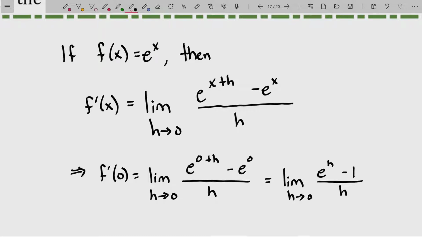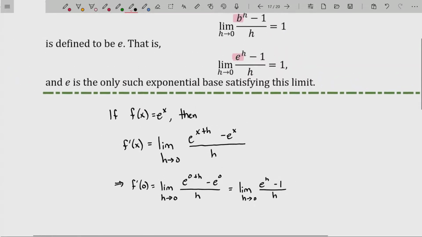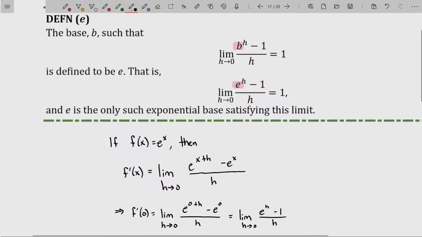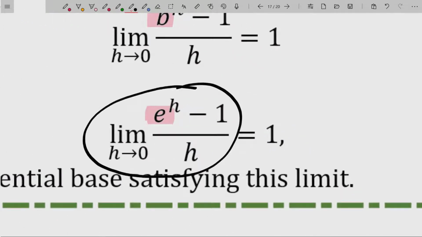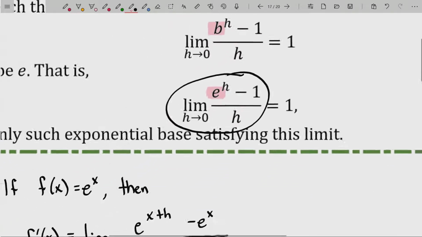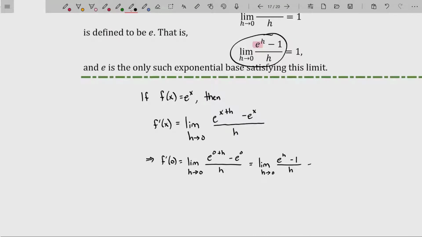And it turns out that e is the only base whose limit as h goes to 0 for that exact piece is 1. By definition, e is the one base that does this. And so that is defined to be 1.